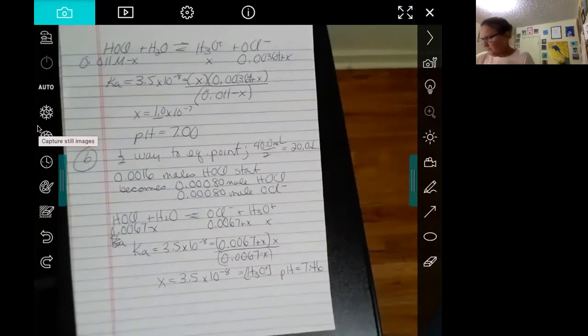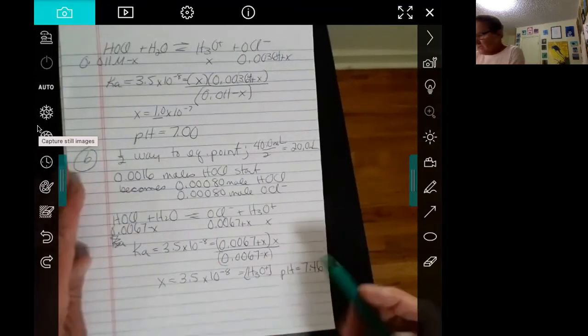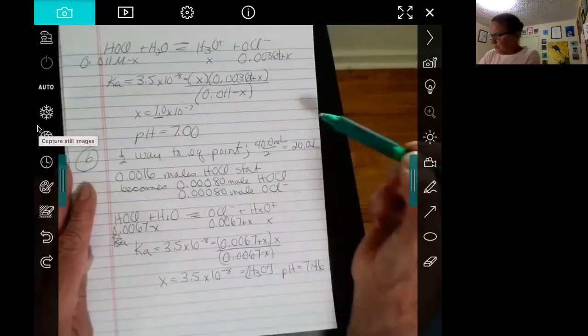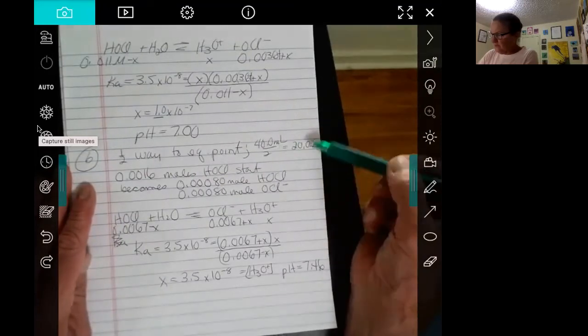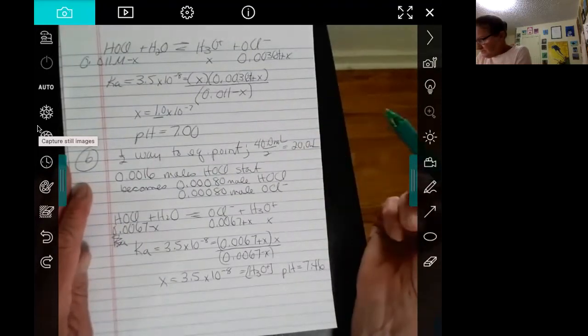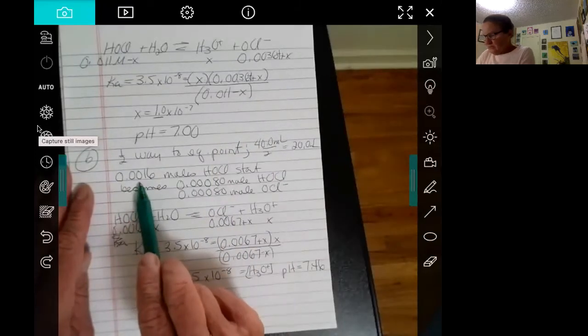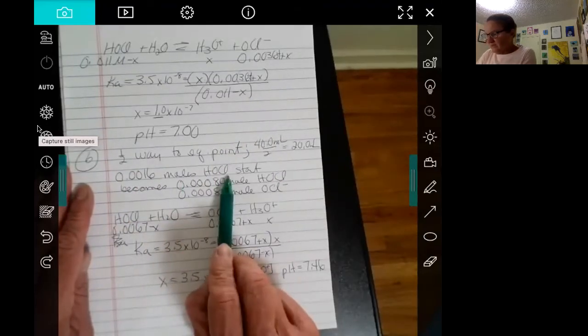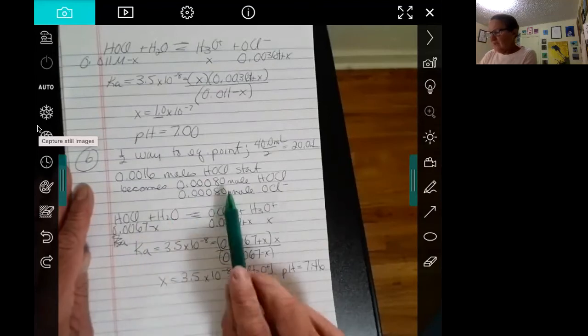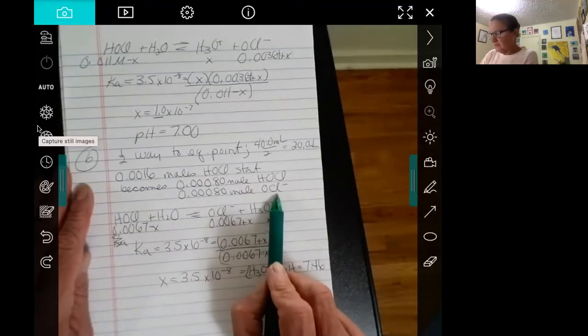Halfway to the equivalence point, you'll see in a second that this should be easy, but I'll go through it in detail. If I'm halfway to the equivalence point, I've added half of 40 milliliters, so I've added 20 milliliters. I started out with 0.0016 moles of the weak acid, and half of that has been converted to the conjugate base.